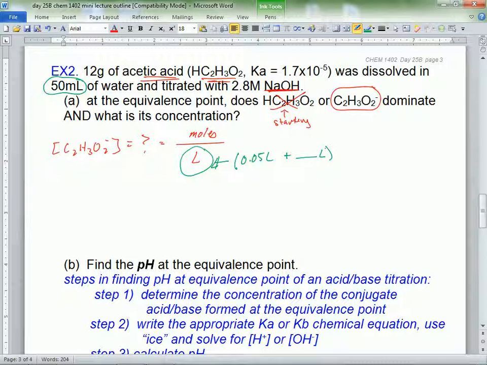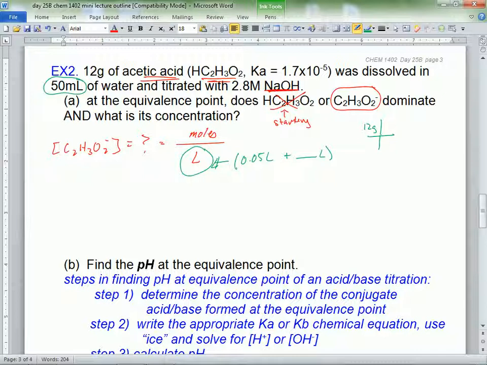Right? We've got 12 grams. We need the molar mass of this stuff. How do you get molar mass again?